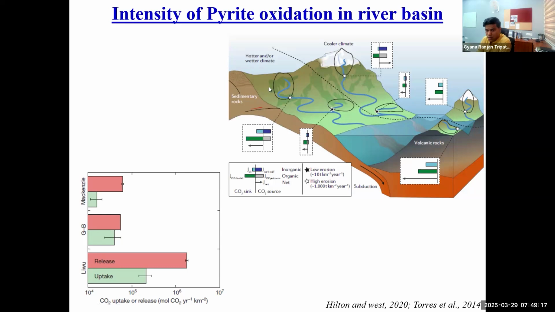So if you try to understand this particular cartoon, the glaciated, mountainous terrains are supposed to act as a net source of CO2 because pyrite oxidation dominates, whereas in the floodplains it is silicate weathering that dominates over the pyrite oxidation rate, and hence these floodplains act more like a sink of CO2. So there is a difference in these two locations where these weathering pathways are occurring.